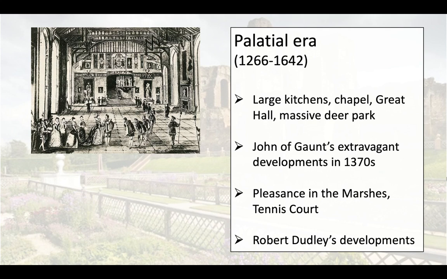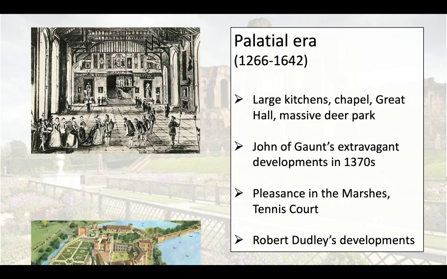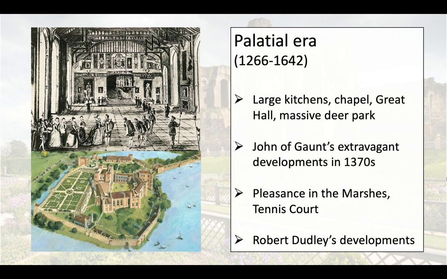And then in the palatial era, the final big changes happen with Robert Dudley's developments. And we can think about the big garden, Leicester's Building, Leicester's Gatehouse. So on this picture, it might be helpful just to remind ourselves of a few key things. There's the Great Hall, John of Gaunt's Great Hall, so that's developed in the palatial era. We have the Elizabethan Garden, a big change to the site.